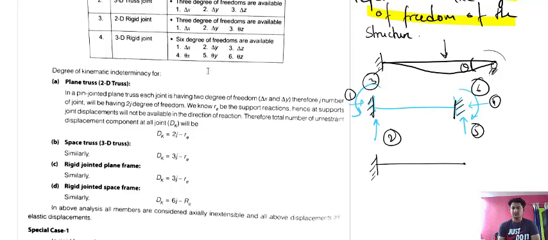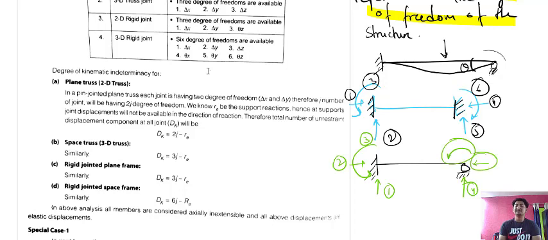For that, suppose this is a propped cantilever beam. How many reactions are there? Vertical, horizontal and one rotation, 1, 2, 3. Here only one vertical reaction is there, this is the fourth one. There is no horizontal reaction here and no moment here, so these displacements are unrestrained.